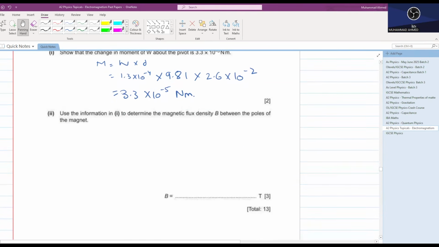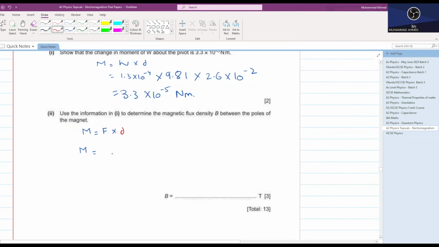We have to use this information to determine the magnetic flux density between the poles of the magnet. We know that moment is equal to force into length, or rather, force into distance from the pivot.